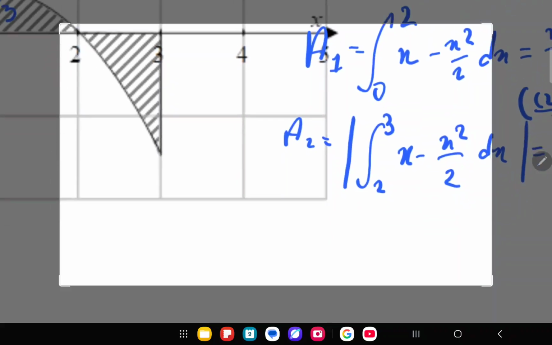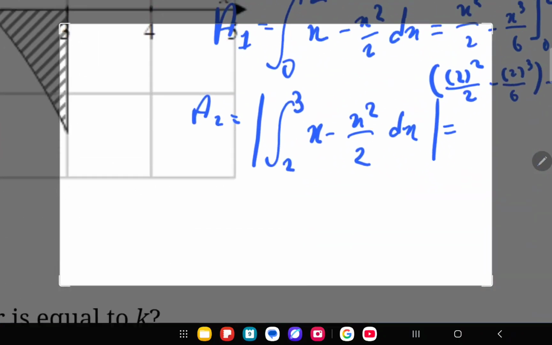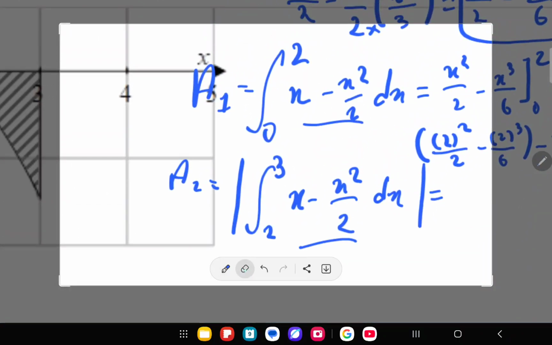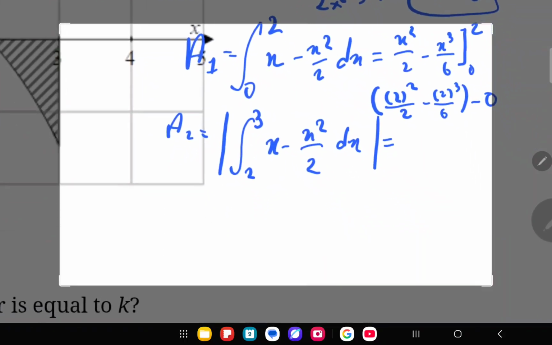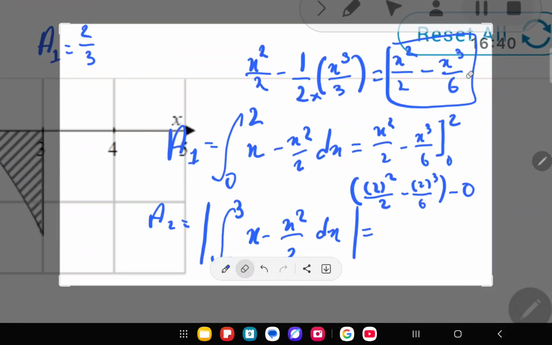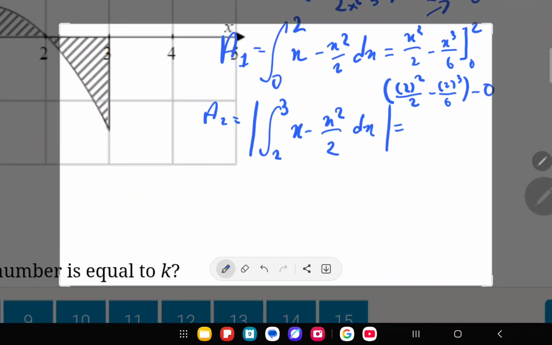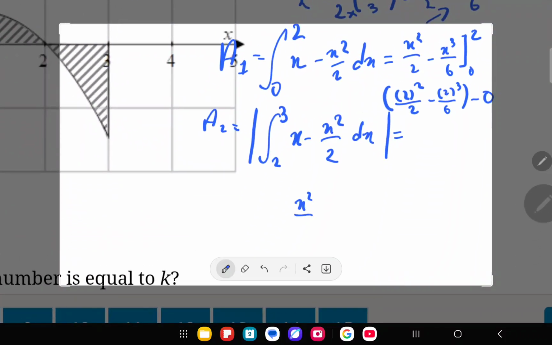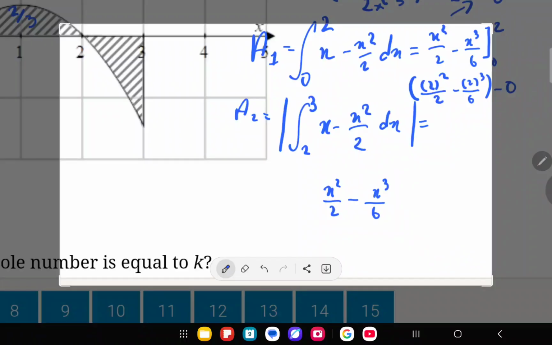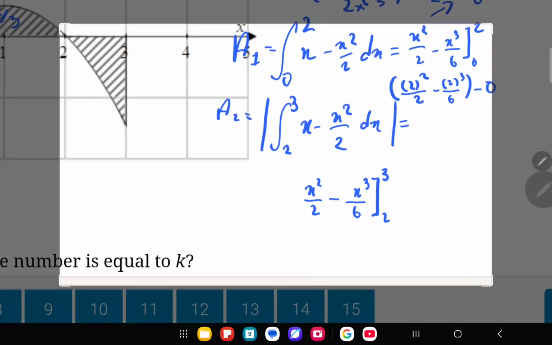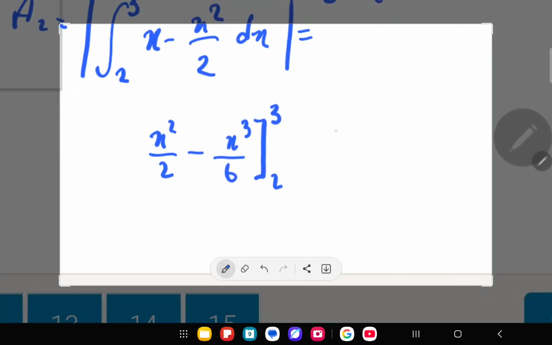And then over here, we'll do the same thing. Fortunately, they're both the same thing, so we do not have to do an indefinite integral again. We have it right here. So we'll just again write x squared over 2 minus x cubed over 6, and then we're going to subject it to values between 2 and 3. When we substituted 2, we got 2 over 3.